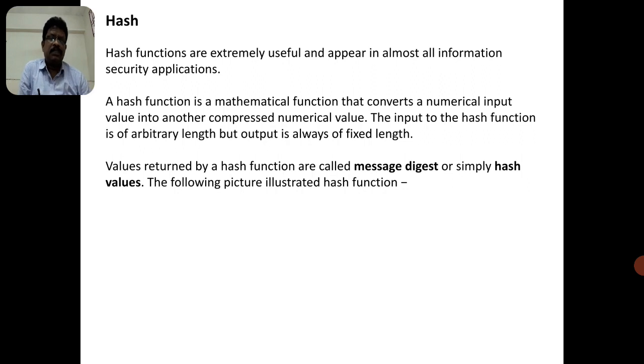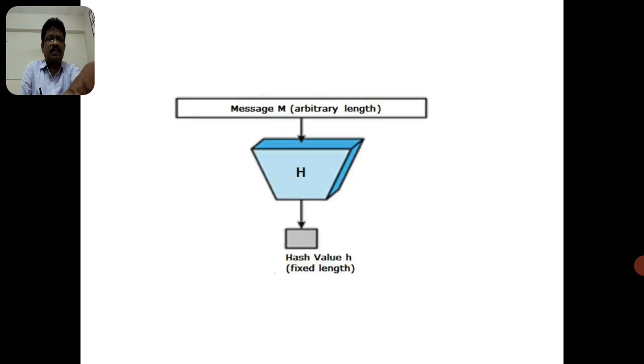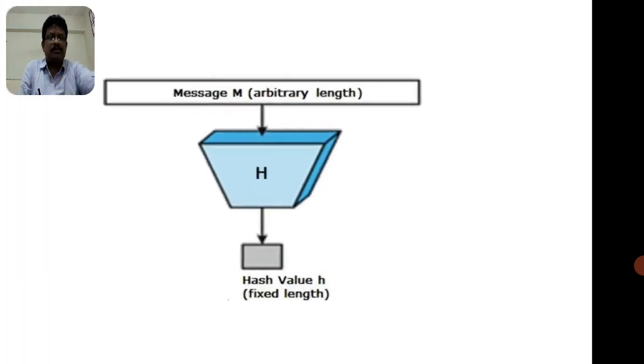Now we can see the difference between MAC and hash. In the MAC function there is a key, but in the hash function there is no key. The concept of the hash is that it converts a variable length input into a fixed length output. Now you can see this diagram, so this is very clear.